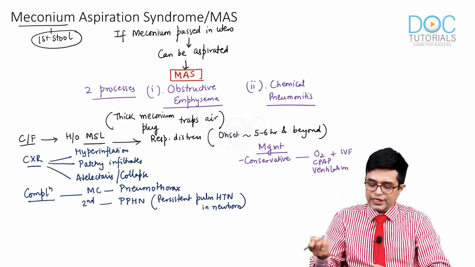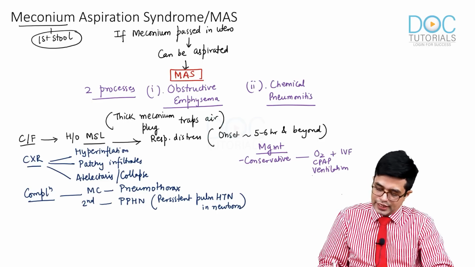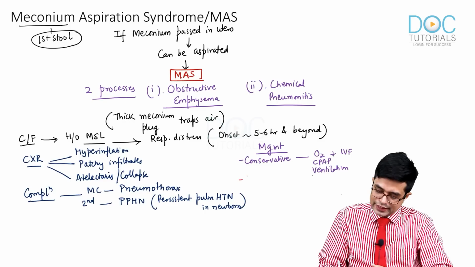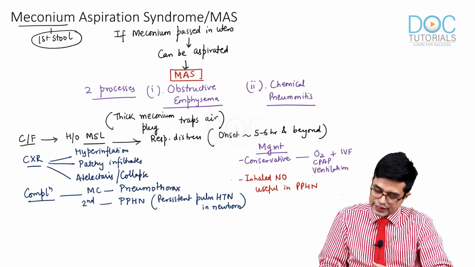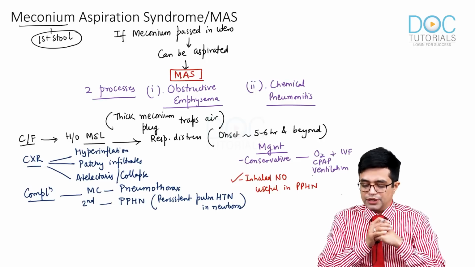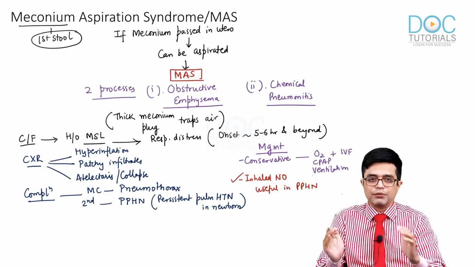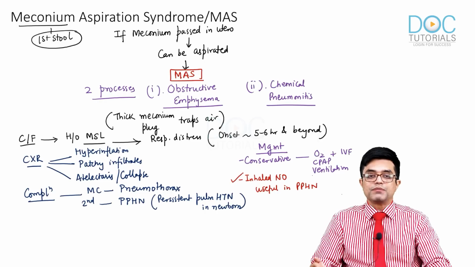You will not feed the child any breastfeeding. And some studies have shown that inhaled nitric oxide is useful in patients with PPHN. So inhaled nitric oxide can be used if the patient develops PPHN. This finishes the summary of meconium aspiration syndrome.